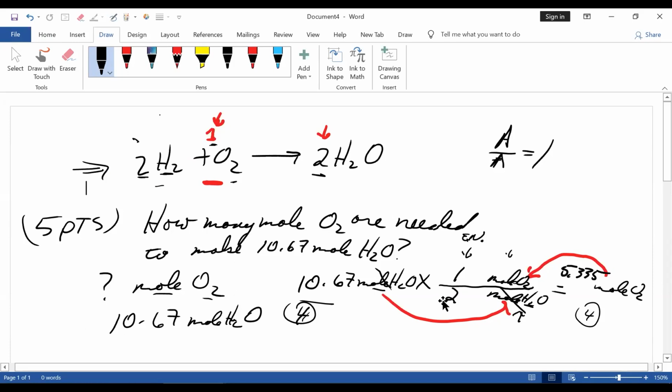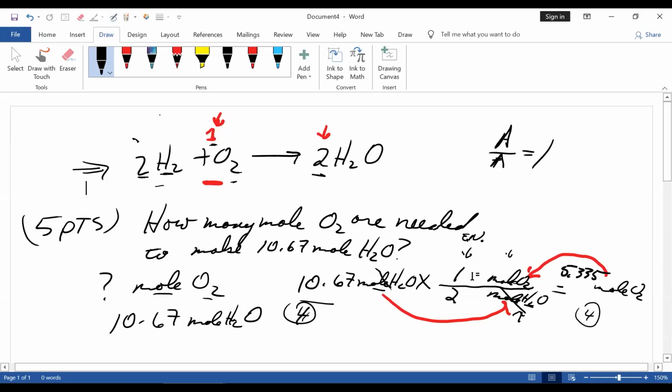And if we can make that conversion in one step using a ratio, whatever units I'm trying to get to go on top of the ratio, whatever units I'm going to get rid of go underneath the ratio. Why underneath? Because anything divided by itself equals the number 1.